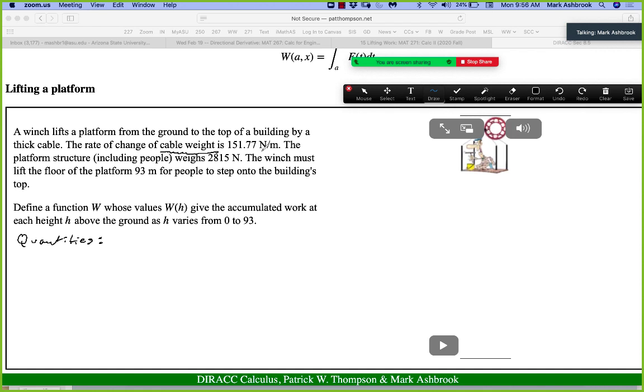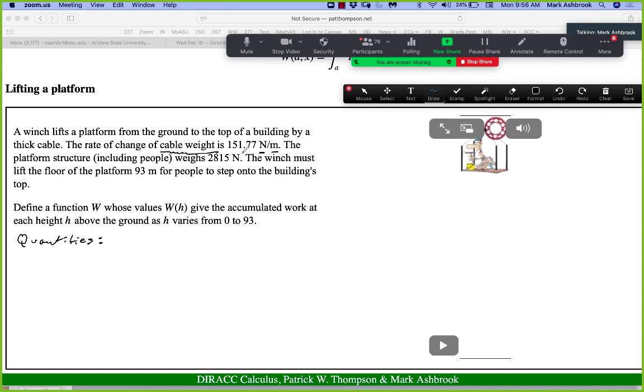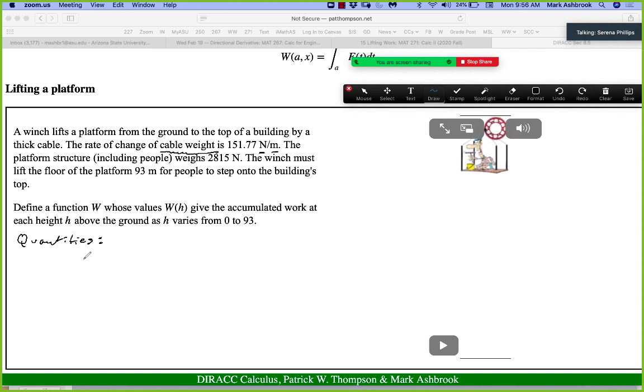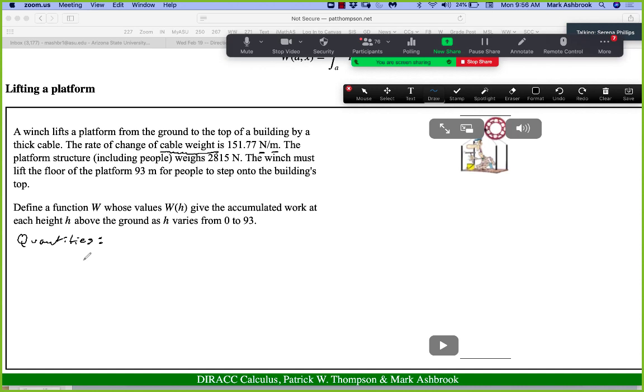No, because what does it mean that it's newtons per meter? Oh, like it constantly changes? It means that as you roll up the cable, it weighs less and less. Okay, that's true, but it's still out of context. This quantity doesn't have anything to do with the winch. It doesn't have anything to do with the platform. It's just a quality of the cable. I just look at it graphically when I see units like that, so that's how I make sense of it.